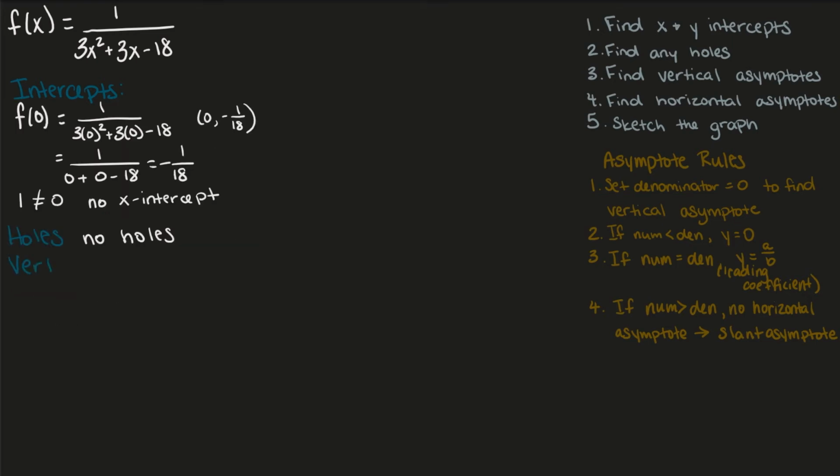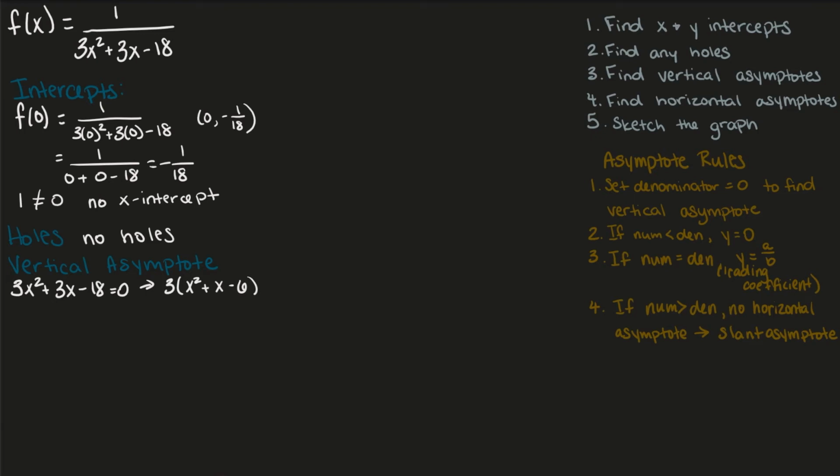Next, we have our vertical asymptote. So our vertical asymptote is going to be where we set our denominator equal to 0. So we want to solve for x. We can factor out a 3 and get x squared plus x minus 6 equals 0. Then we want to factor this further.